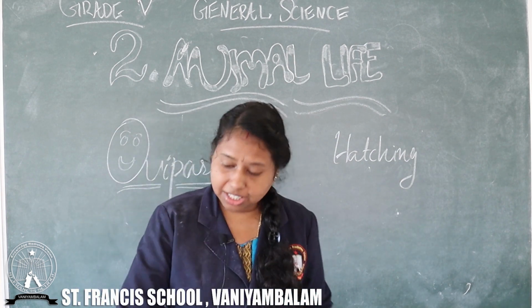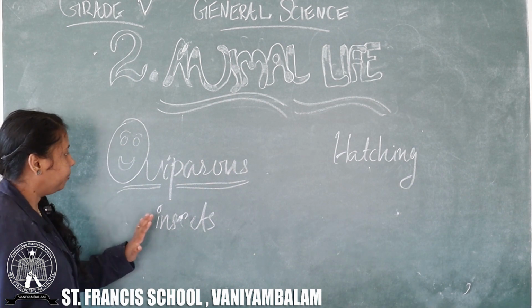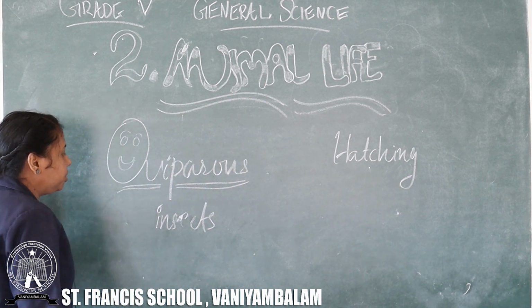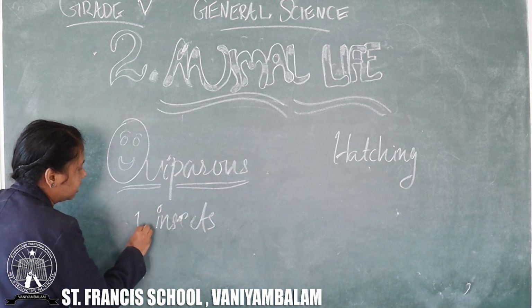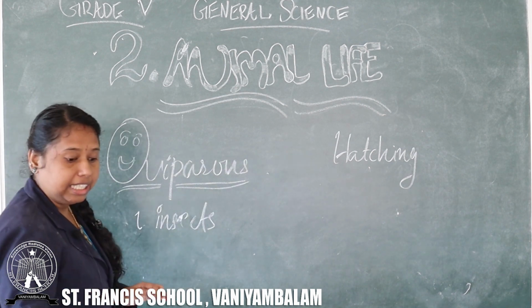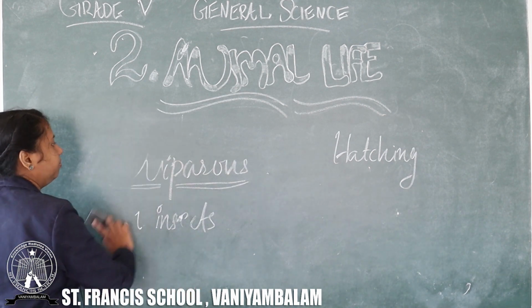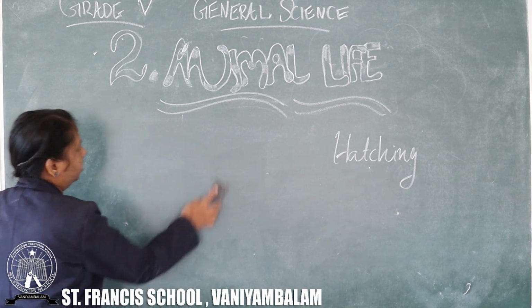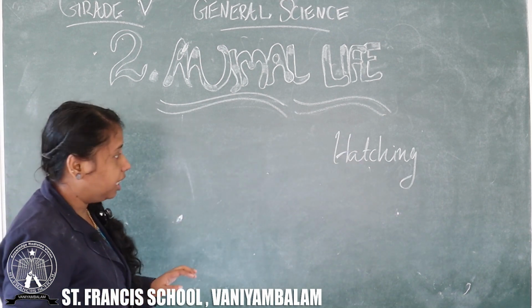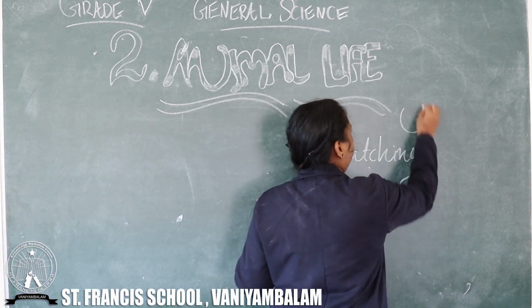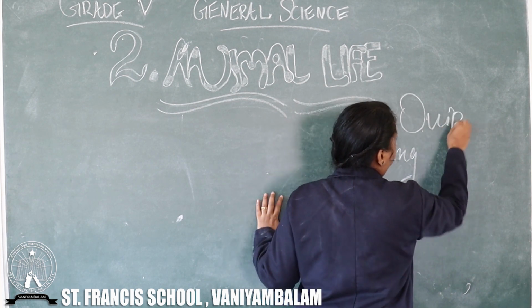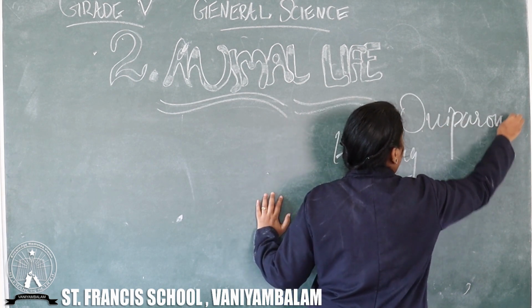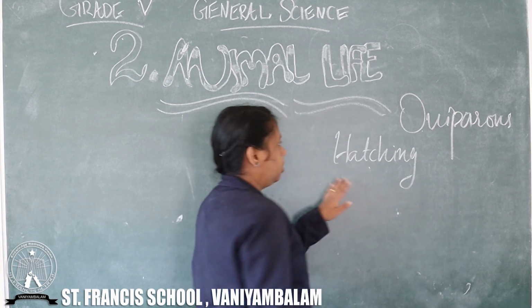Next we are briefly talking about the animals. First of all, we are talking about insects. So, what are the keywords? First of all, oviparous animals. Then next is hatching.